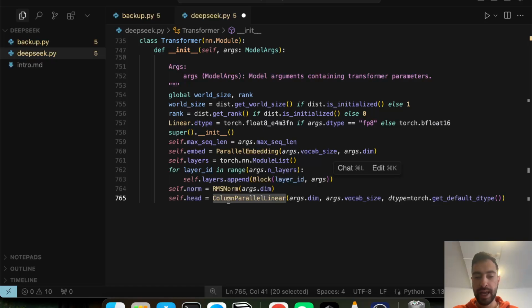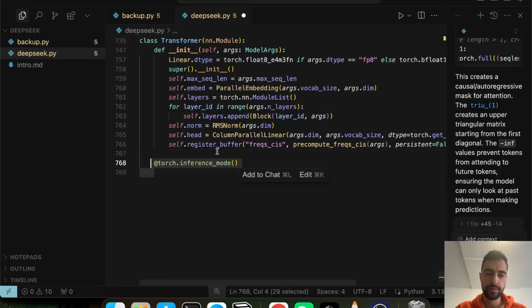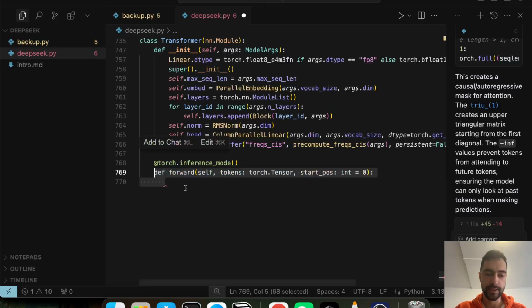This is the output head, so you are converting from the dimension of the token from the last MOE layer into the vocab size. Register buffer is just for saving these non-trainable parameters in memory, the rope frequencies. We can continue. Now they have this inference mode, which we will remove later, but first I will show you the code that DeepSeek released.